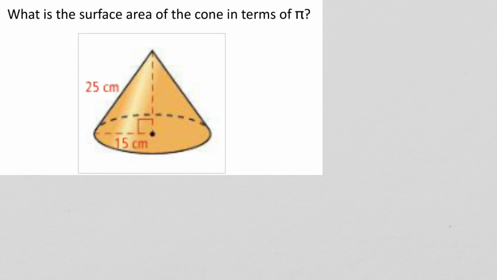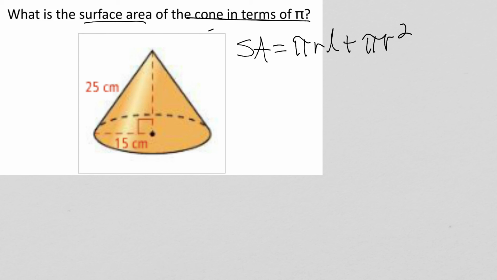Okay, last question. What is the surface area of the cone? They want it in terms of pi, so let's write the surface area formula: pi RL plus pi r squared. Again, we're not going to put the pi in the calculator. I got my radius to be 15. They're giving us my L here, 25.